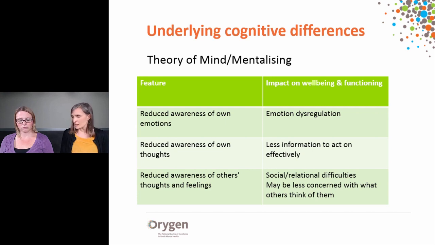So, for instance, if we think about reduced awareness of your own emotions, that can really easily translate to problems with emotion regulation, because when we have awareness of our own emotions, it means that we have the capacity to pick up on our emotions when they're at a lower intensity or more subtle experiences of that emotion.